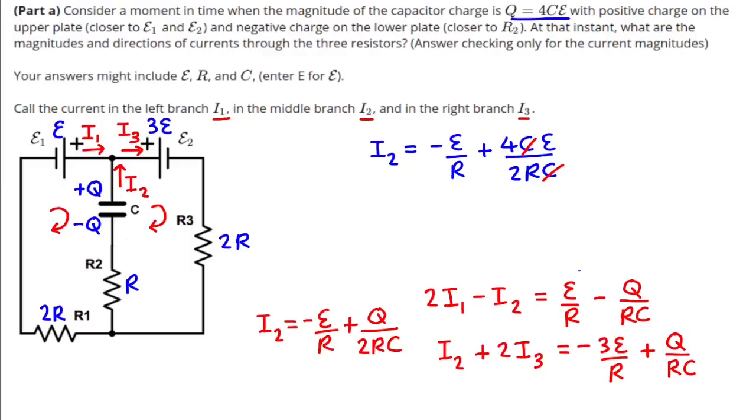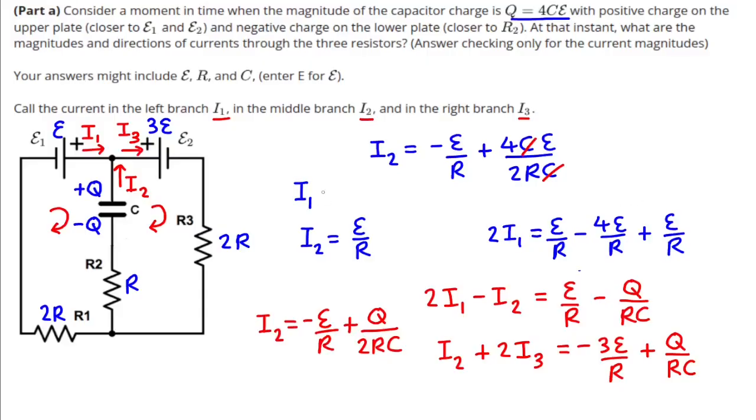So we have minus epsilon over R plus 2 epsilon over R, which gives I2 is epsilon over R. And then using this equation we derived, we have 2I1 is equal to epsilon over R minus Q over RC, so that'll be minus 4 epsilon over R, and plus epsilon over R. So that gives 1 minus 4, which is minus 3 epsilon over R.